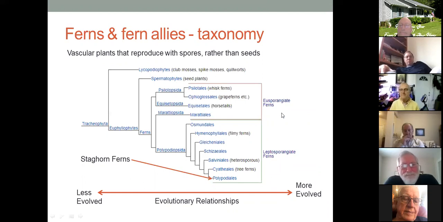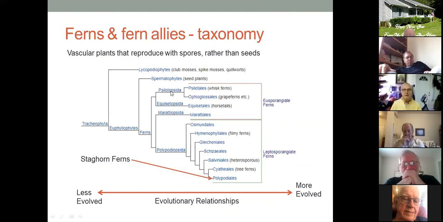Ferns actually get divided into two subclasses, the eusporangiate and the leptosporangiate, and this really just has to do with how the plant produces its sporangia and basically exhibits them on the fronds of the fern.